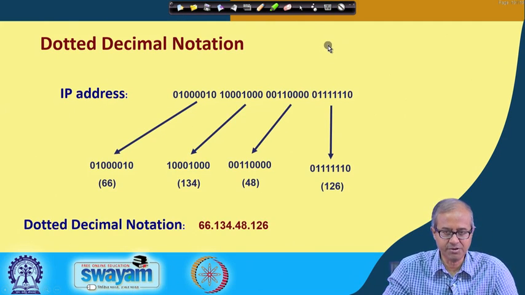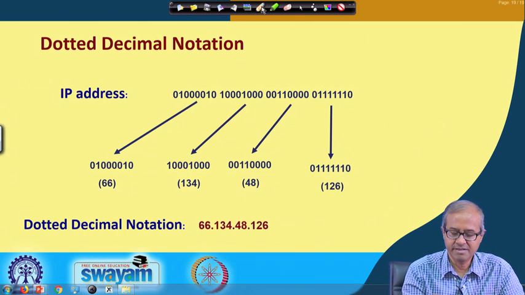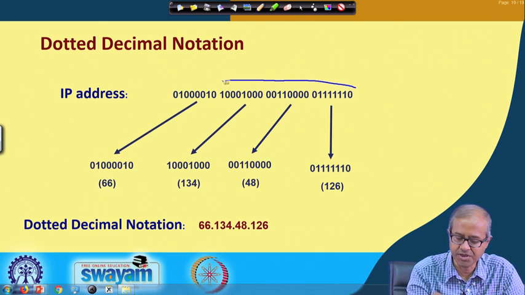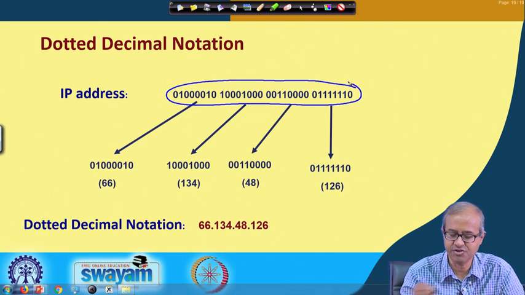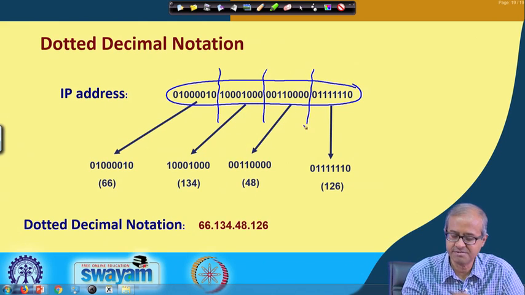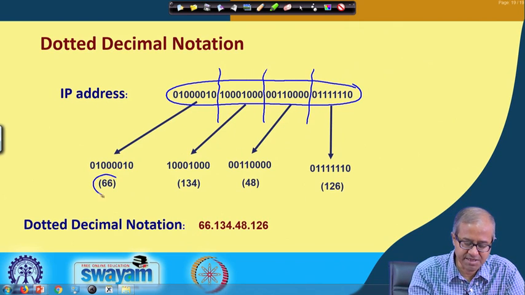Now, for the dotted decimal notation, let us take an example here. Suppose here we have a 32-bit IP address. You see there are 32 bits. This we have divided up into 4 8-bit chunks, octets, and each of these chunks you are expressing in equivalent decimal.